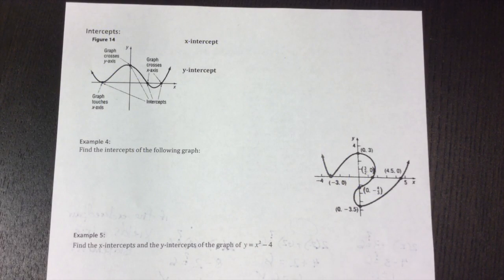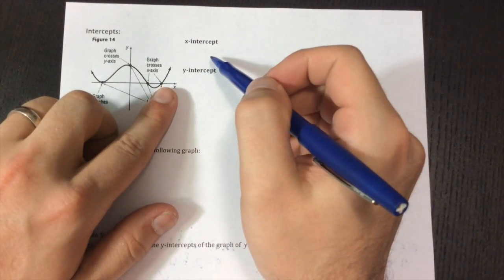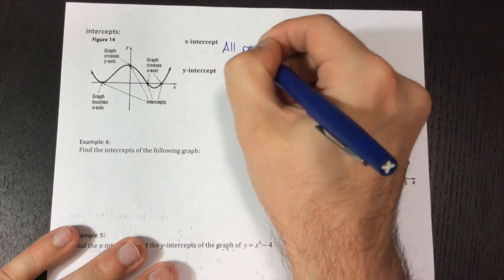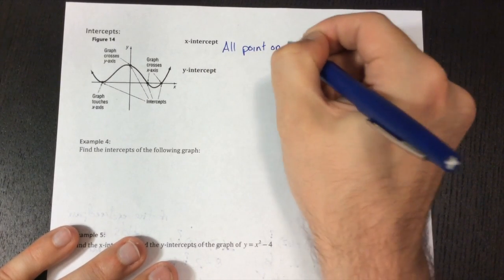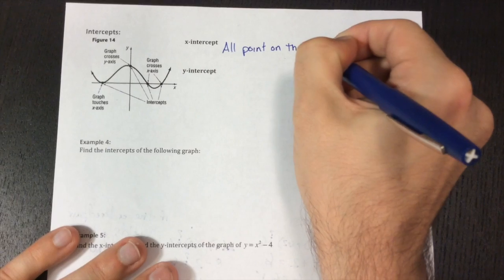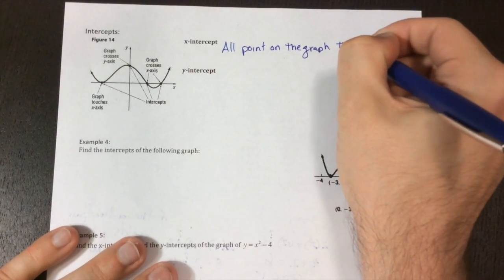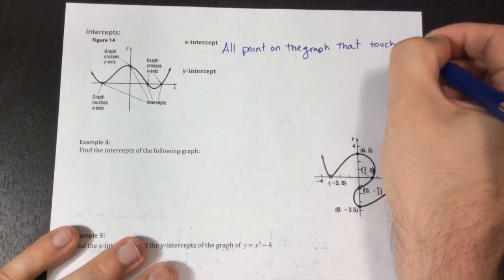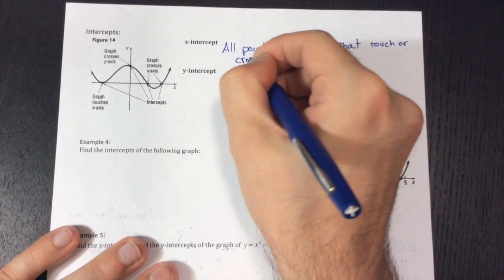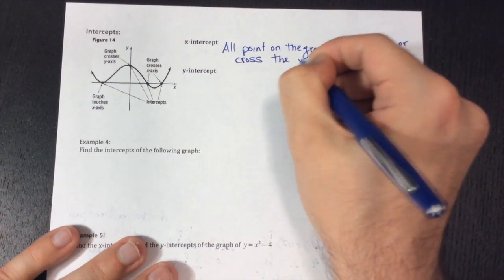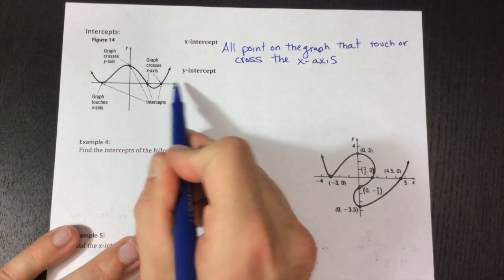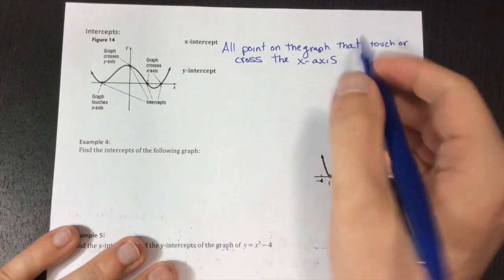So a brief walkthrough of some of these terms when we're talking about intercepts. If we're finding the x-intercepts, these are all points on the graph that touch or cross the x-axis. The x-axis is always the horizontal axis.